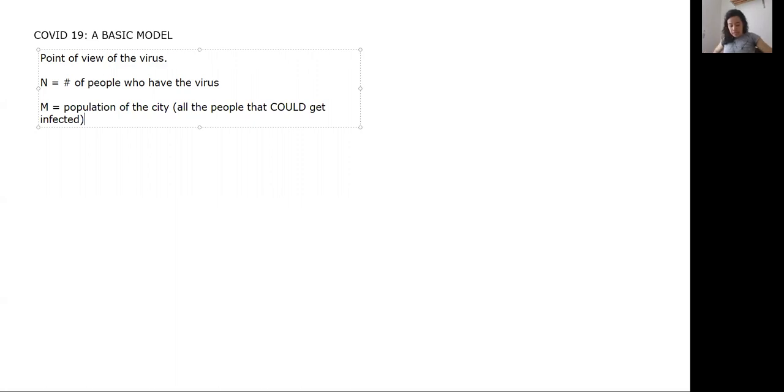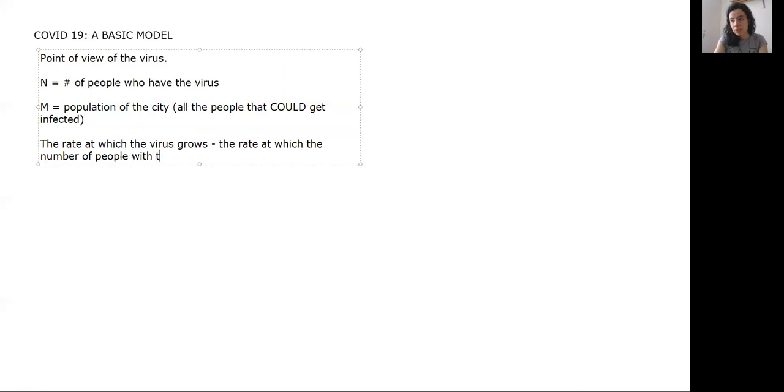Okay. Then we have that the rate at which the virus grows, or basically the rate at which the number of people with the virus increases, is going to be proportional to a couple of things.